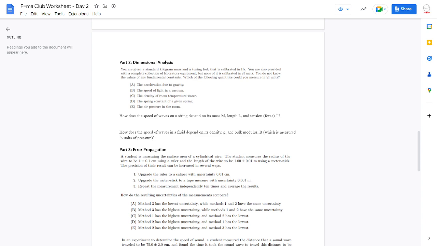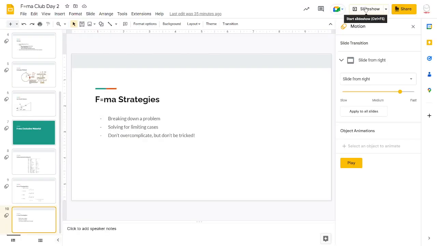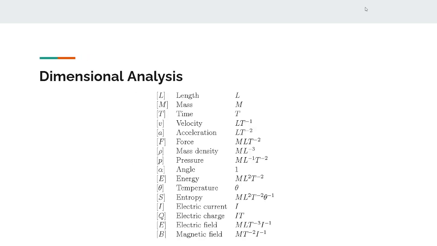So let's look into this, right? So the big thing about this is that we need to remember about our dimensional analysis, right? So let's go to our scene and let's look over these. We're given a kilogram mass, and we're given a tuning fork, which is calibrated in hertz.